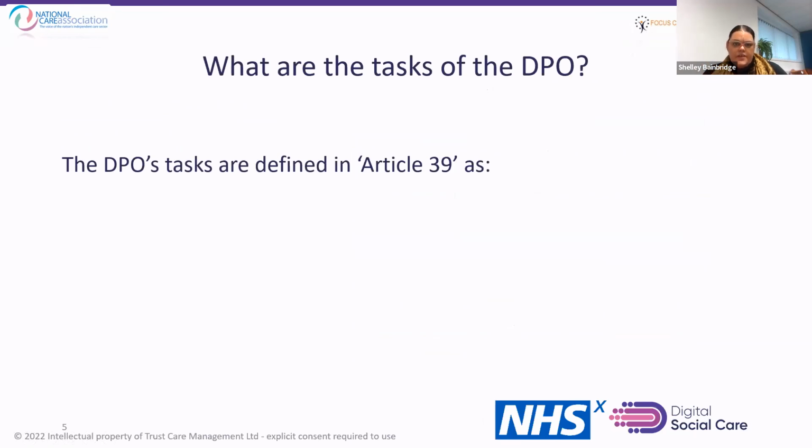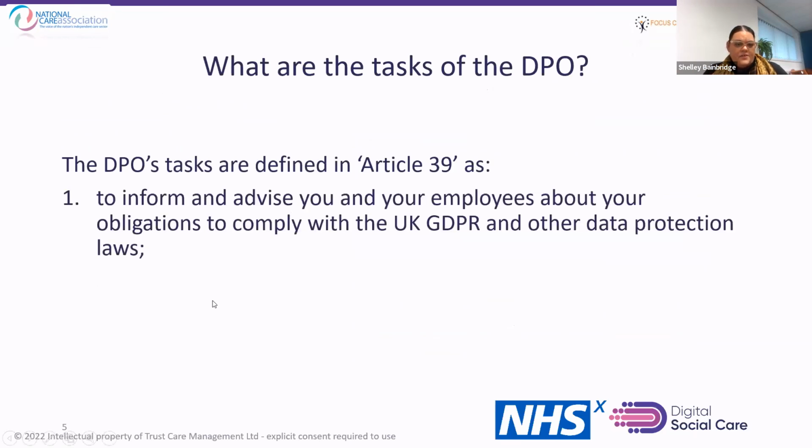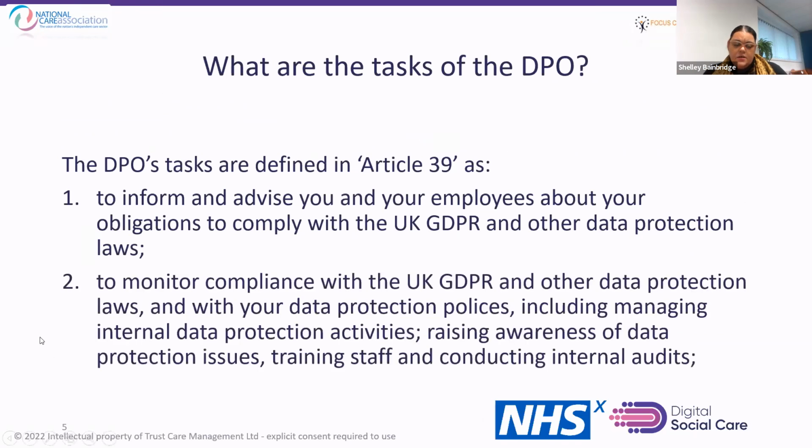There are many articles within the legislation, but the DPO tasks are defined in Article 39. The tasks for the DPO are to inform and advise you and your employees about your obligations to comply with the UK GDPR and other data protection laws, to monitor compliance with the UK GDPR and other data protection laws, and with your data protection policies, including managing internal data protection activities, raising awareness of data protection issues, training your staff and conducting internal audits.